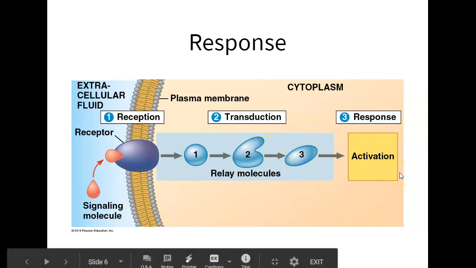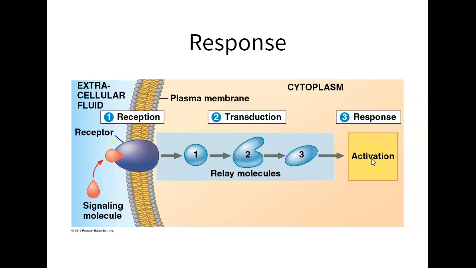In this case, we're turning something on, you're activating it. So the binding of this ligand to the outside of the cell triggers some kind of activation inside the cell. It could also be inhibition, but in this case it's activation.